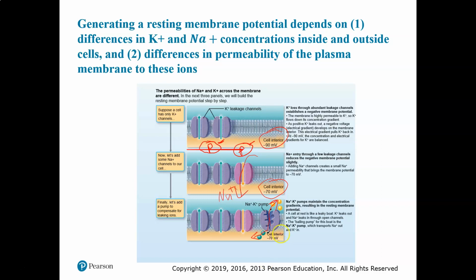Pumping more positive out than in maintains the voltage at -70. It all interacts with the fact that the cell is more permeable to potassium, so more potassium is leaking out anyway, and it's less permeable to sodium, so less sodium is leaking in than potassium leaking out. So it compensates for that.